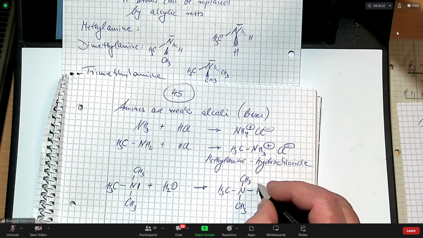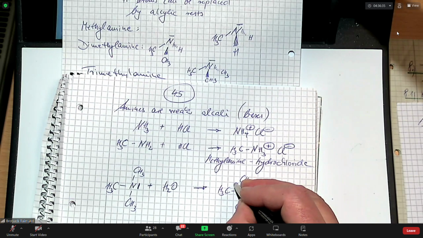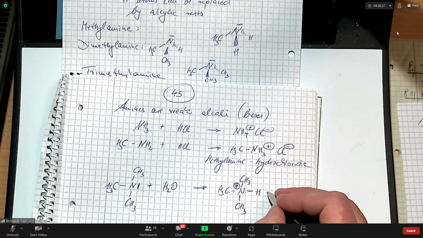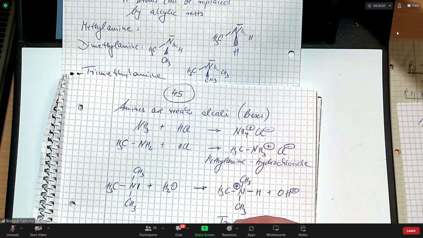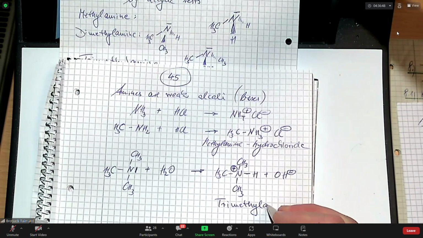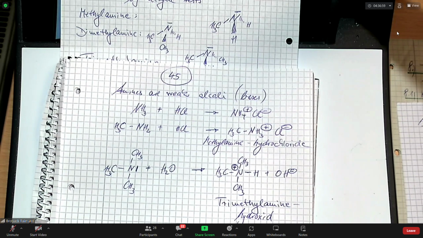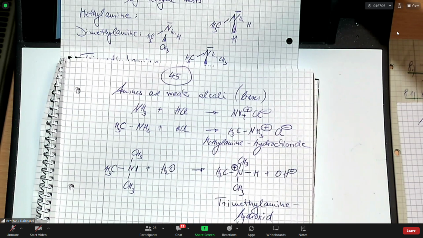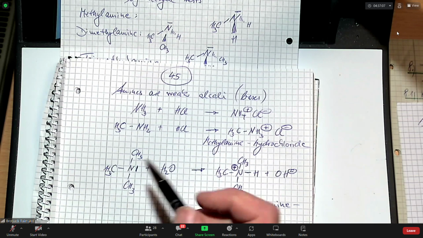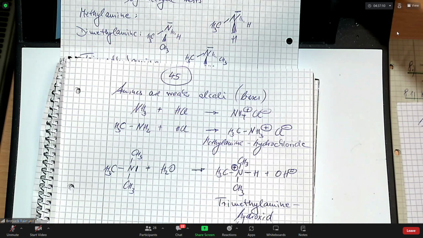This is positive here on the ammonium nitrogen, and OH minus. That's the trimethylamine hydroxide. And here you see the alkaline function of that. In each case, the pH level is influenced by this reaction.